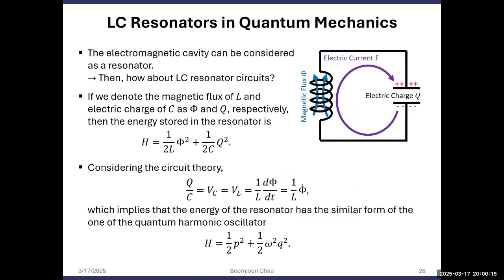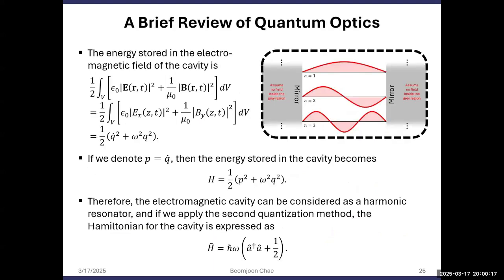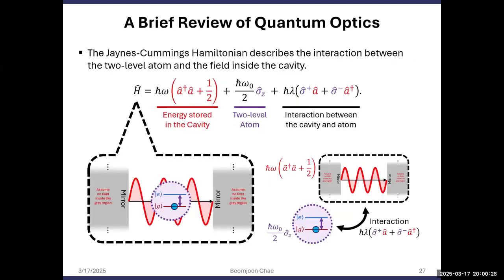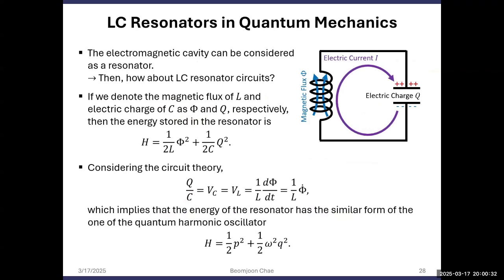Because the energy stored in the electromagnetic cavity has a form similar to that of the quantum harmonic oscillator, we can use these representations. In the case of LC resonators, resonating circuits, we can also apply the method used for quantum harmonic oscillators.